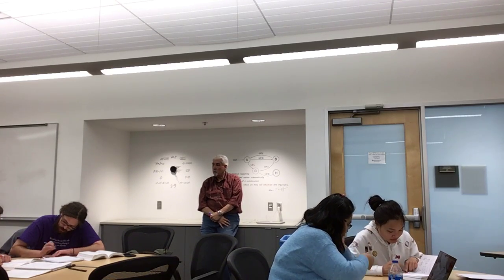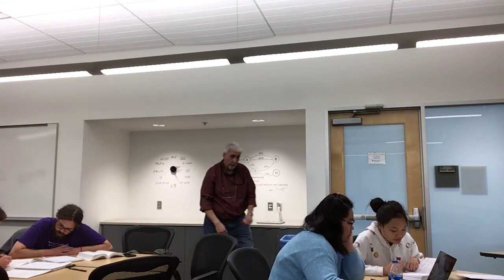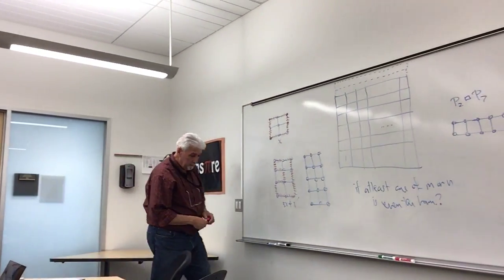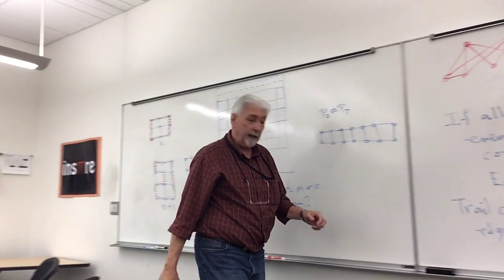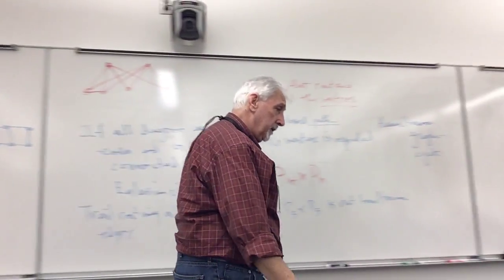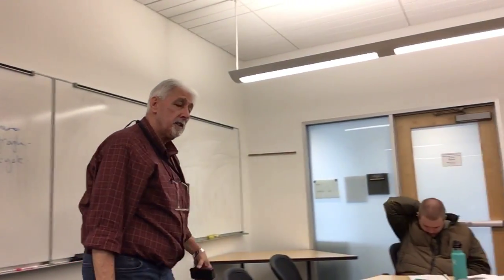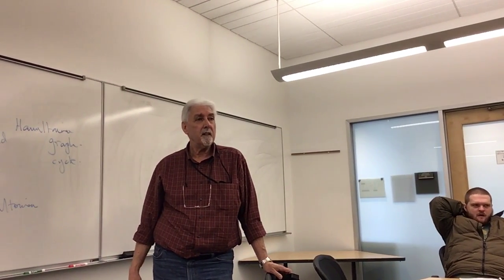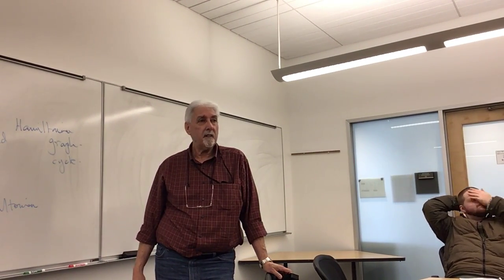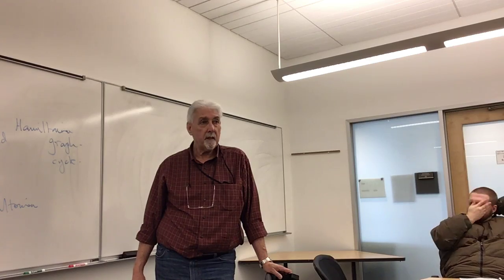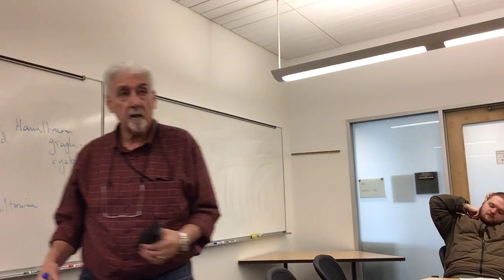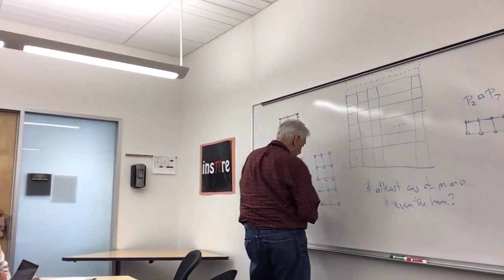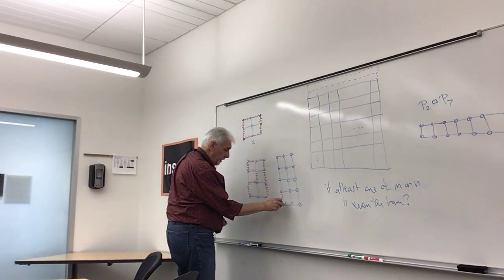Okay, any conjectures? Any thoughts on this? Yeah. So the 4 vertices on the 4 corners, since they only have 2 edges, we know those 2 edges must be included, just like we started before.